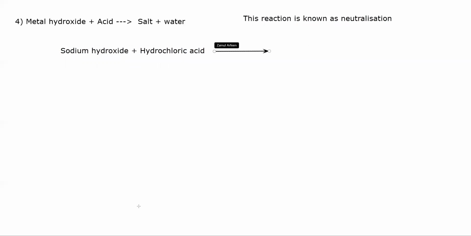If it's hydrochloric acid, it will form a chloride salt, so it will form sodium chloride. One product will be sodium chloride and the second product will be water. Hydrochloric acid gives chloride salt, sulfuric acid gives sulfate salts, and nitric acid gives nitrate salts.